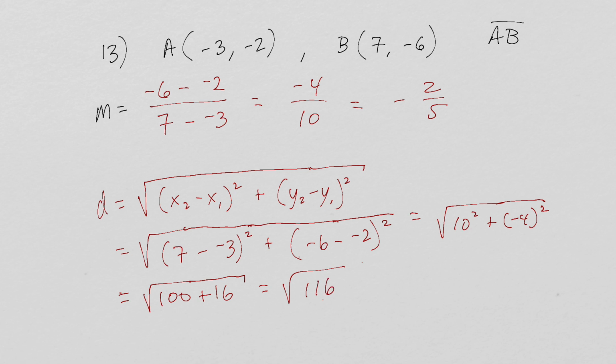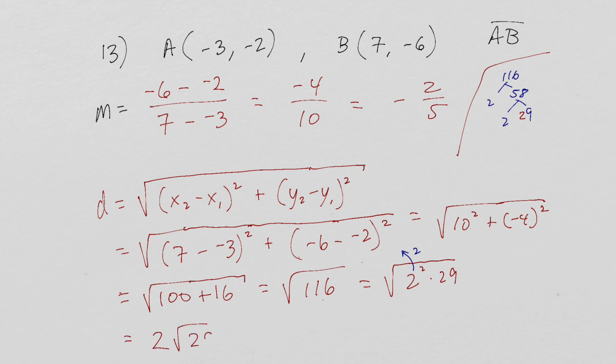Now this is a little bit hard to break down, so off on the side you can go 116 is 2 times 58, this is 2 times 29. So in other words, this is equal to 2 squared times 29. And we can take out the 2 squared by square rooting, and it's just a 2. So our final answer is 2 root 29, and that's the distance between those 2 points.